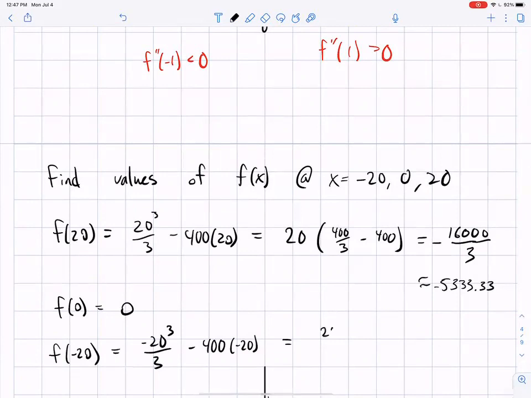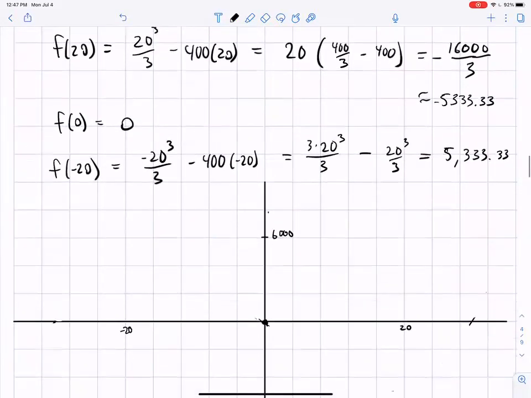So positive 20 cubed times 3 over 3 minus 20 cubed over 3. And so this is going to give us positive 5,333.33.